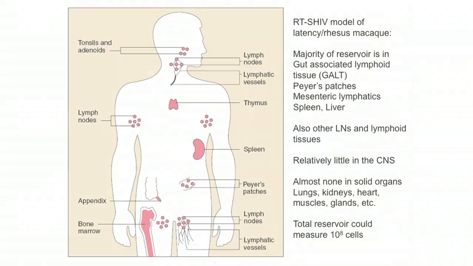And we hope that maybe Ashley Haase or someone of that expertise would use this marker or try to develop this marker for staging and also for looking at the reservoir in humans, where you can do certain biopsies, at least in the gut, for example, to demonstrate that it's very similar to the monkey situation.